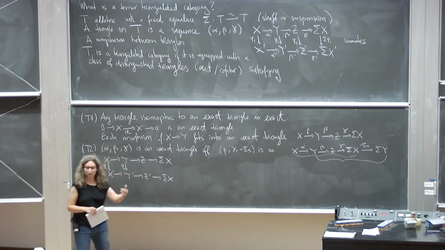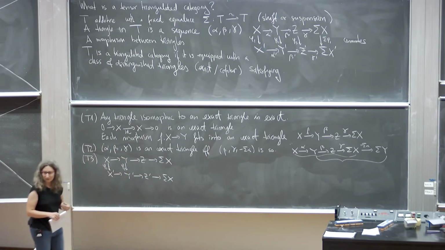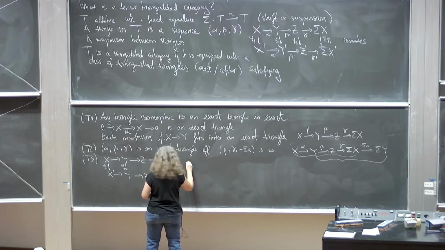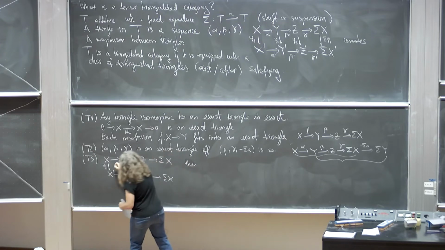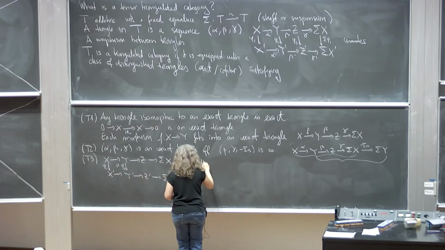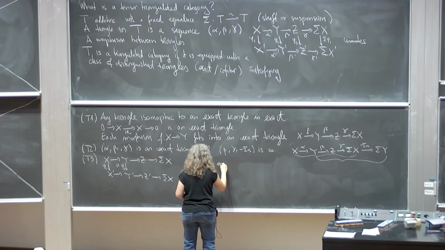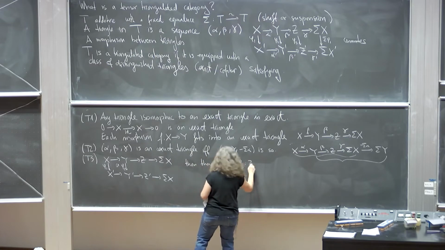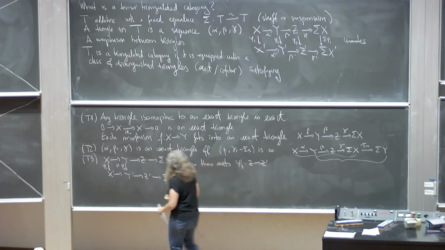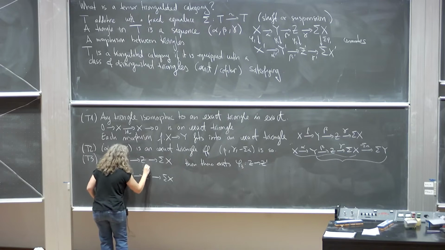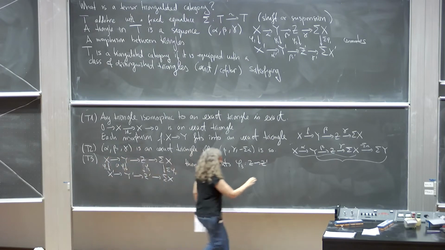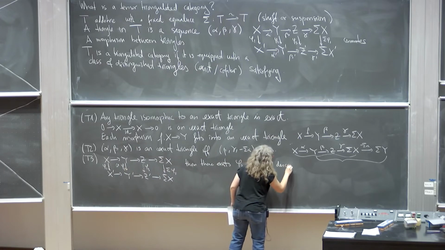You can always complete a morphism of exact triangles when you have the first two morphisms, describing a morphism between triangles.